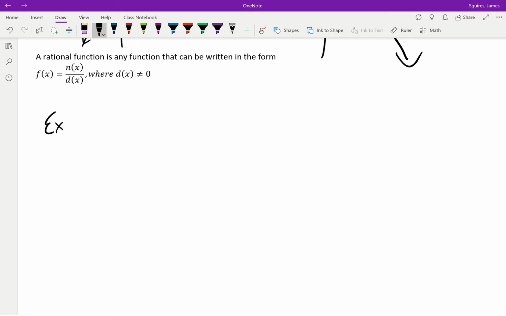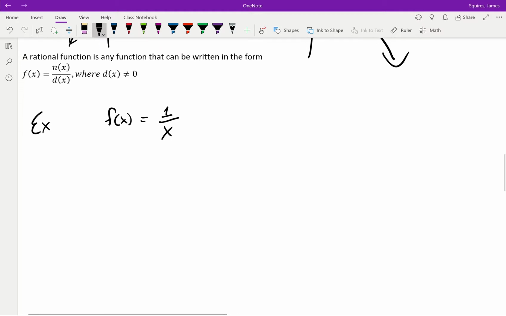So some examples. We might have f of x equals 1 over x, where n of x is just equal to 1 and d of x equals x.